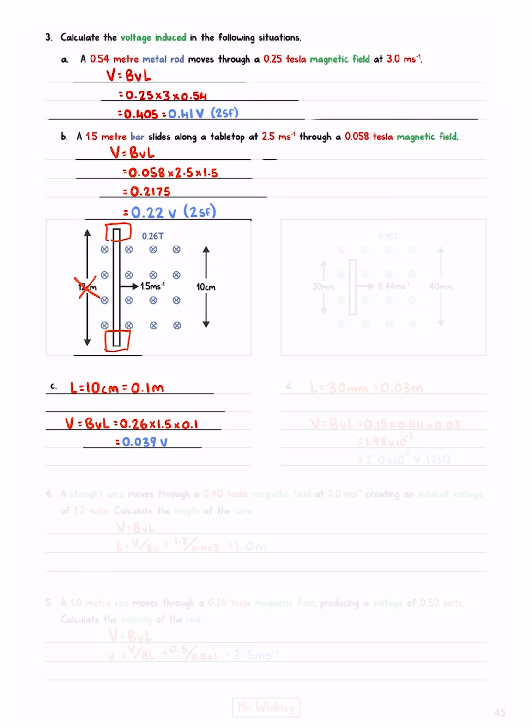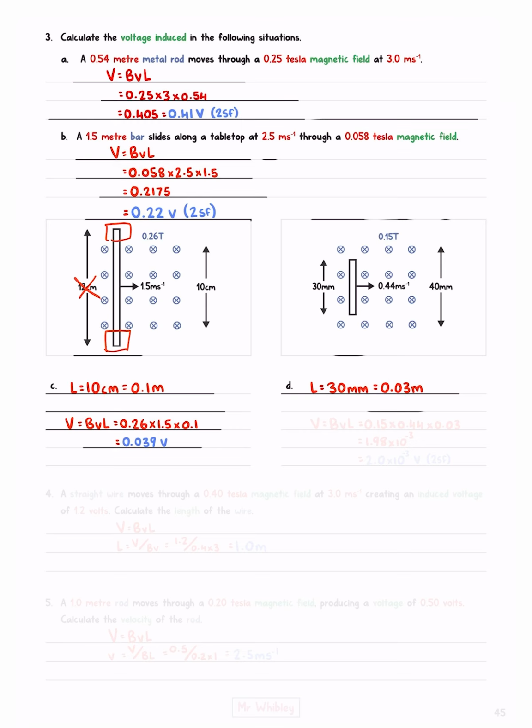In our next example, we have a magnetic field of 0.15 Tesla pointing into the page. The field has a height of 40 millimeters, and we have a 30 millimeter rod traveling at 0.44 meters per second towards the right. The correct length is our 30 millimeters or 0.03 meters, because this is the length of the rod in the field.